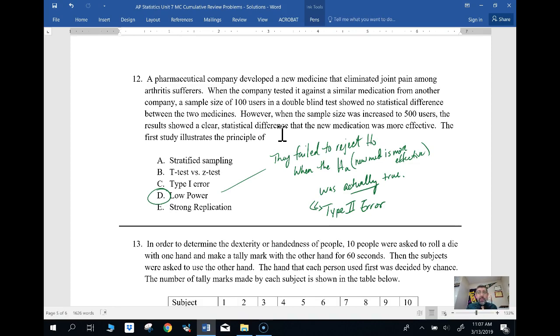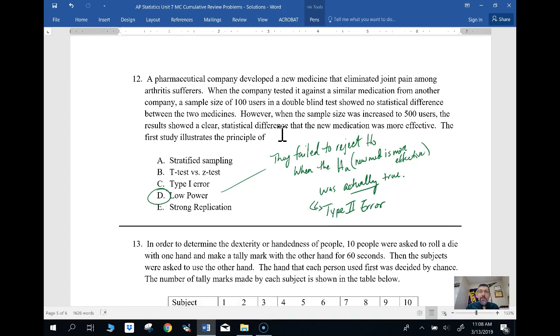So what that tells me is that with more sample size, I was able to reject the null hypothesis and say that there was statistically significant evidence. So what happened? With a lower sample size, I failed to reject the null when I really should have rejected it. What type of error is that? That's a type 2 error because I failed to reject the null when I really should have done the other thing.